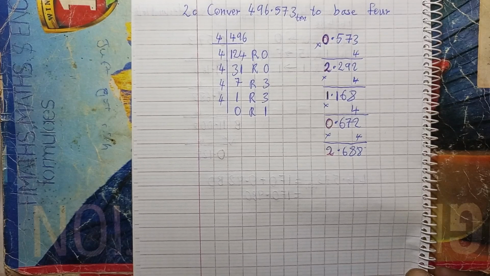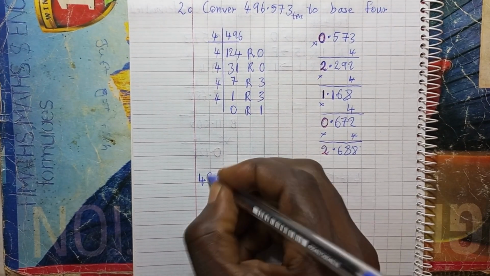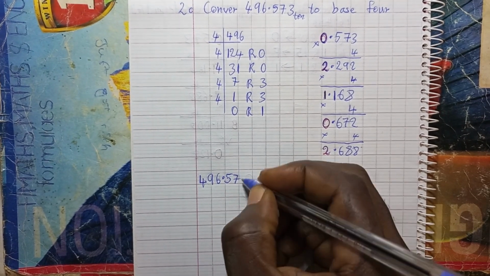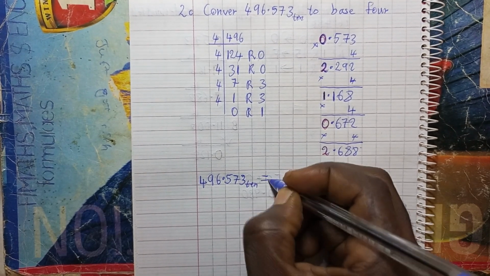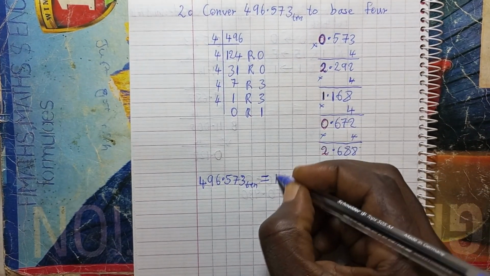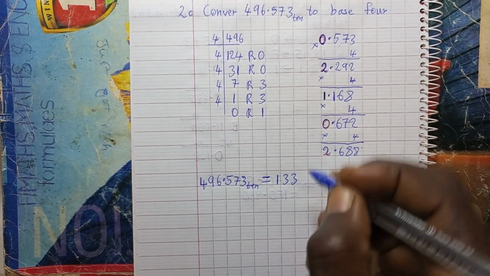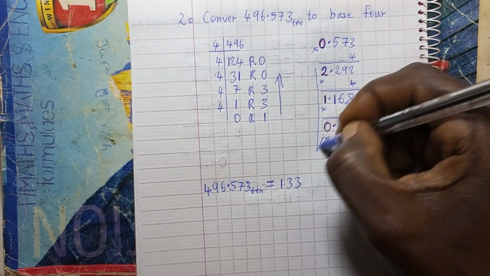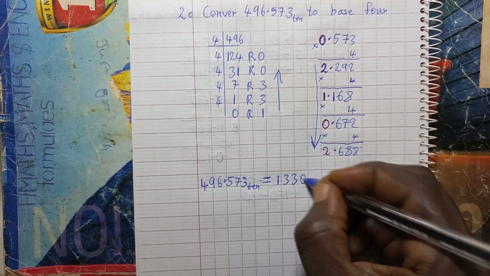So our final answer for this question will be 496.573 base 10 is equal to this value now, 133, because we are taking it upward while this one will be taken downward.